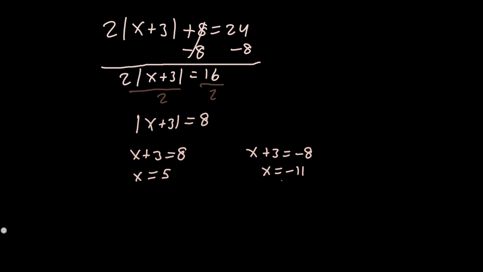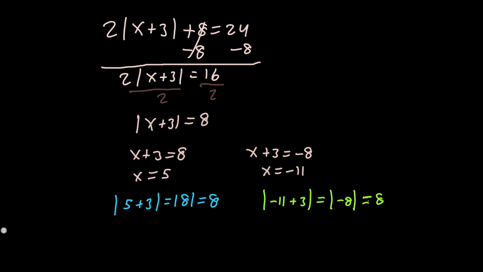So, plugging in our solutions for x, we end up with the absolute value of 5 plus 3 gives the absolute value of 8, which is 8. And for the second equation, we have negative 11 plus 3. That gives the absolute value of negative 8, which is equal to 8.